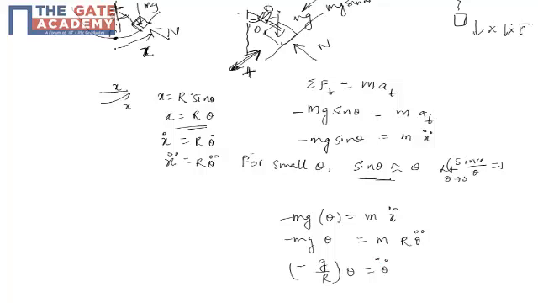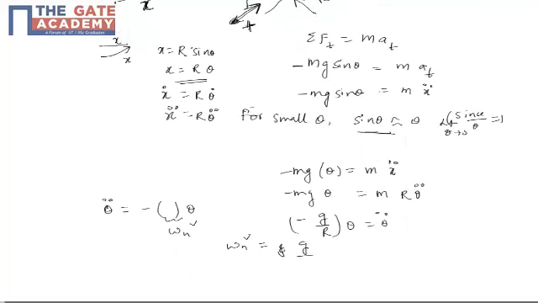Any degree of freedom in the form theta double dot equals minus something times theta, that something is your natural frequency squared. So omega n is root g by r, and the time period is 2 pi by omega n, which is 2 pi root r by g.